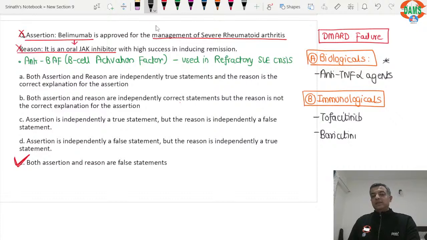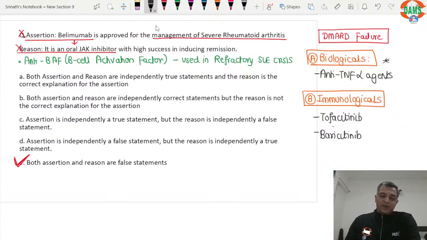So it is the tinibs, the tyrosine kinase inhibitors, which can be given. Of course, IL-1, IL-6, anakinra is also a correct answer. Most preferred are anti-TNF alpha.